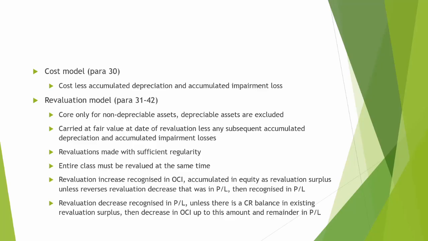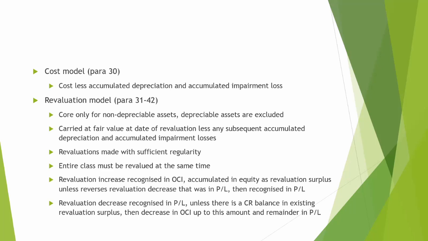In terms of the revaluation model, there are more things that need to be taken into account because it's carried at fair value and our initial measurement is at cost. That means the fair value needs to be determined, and that fair value needs to be determined with sufficient regularity according to the standard. So what is meant by sufficient regularity is up for debate.